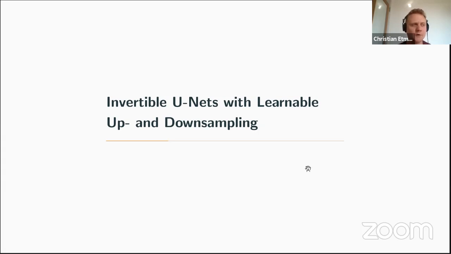So this concept of invertible layers has already been applied to UNets, but not to the up and down sampling portions, basically, such that it's only partially invertible in some sub-layers of the network, basically. And in this work, we want to develop an invertible UNet that's actually fully invertible from the first layer to the last layer.